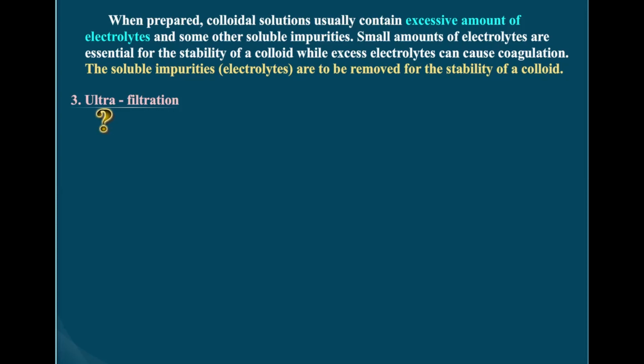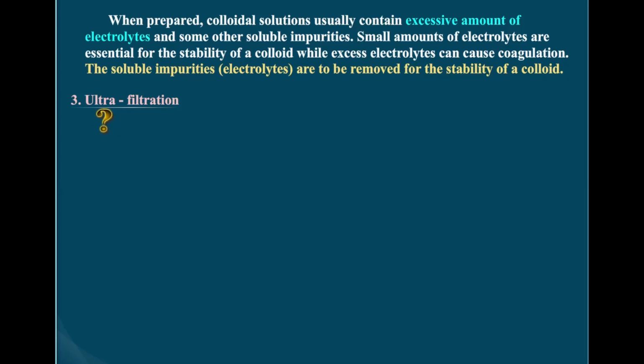The usual collodion is a 4% solution of nitrocellulose in a mixture of alcohol and ether. An ultrafilter paper may be prepared by soaking the filter paper in this solution, then making it hard by dipping it in formaldehyde, and finally drying it.